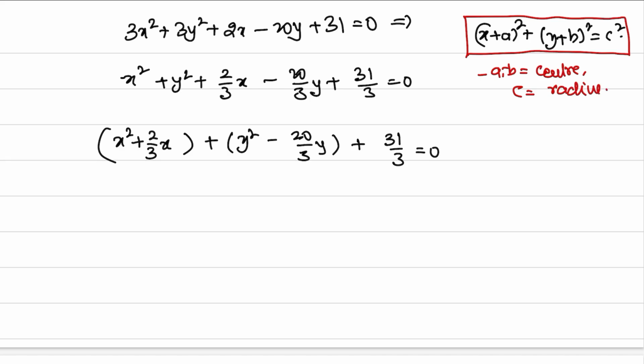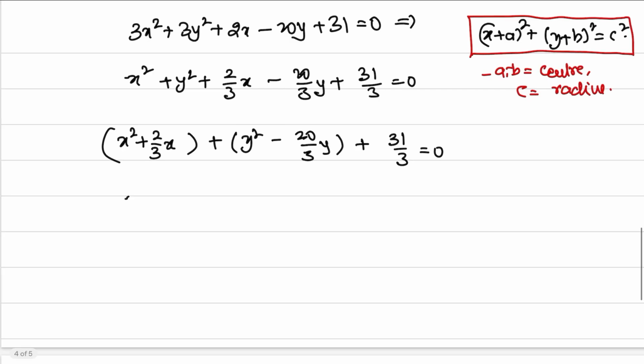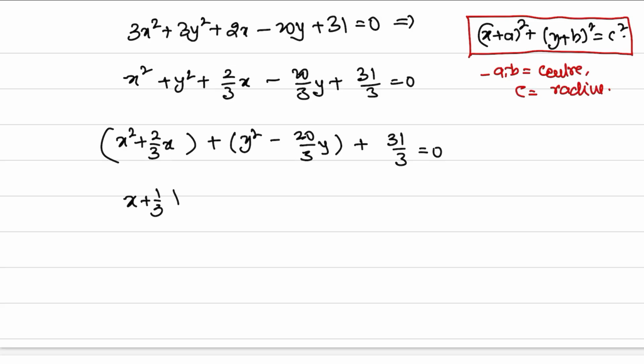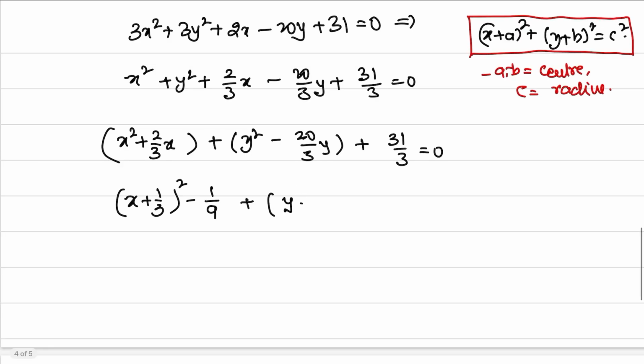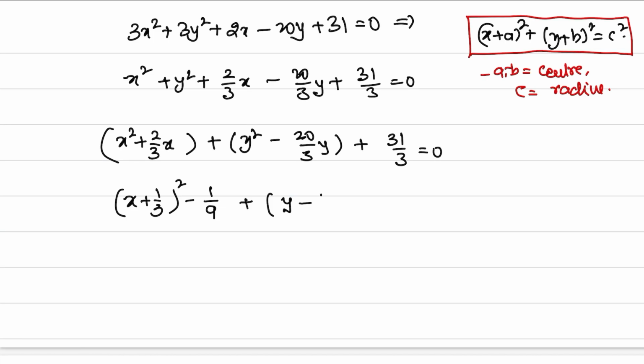Now, how is it going to be? x square plus 2 by 3 x, we can write as (x + 1 by 3) whole square minus 1 by 9. 1 by 3 square, we are adding and subtracting. Similarly, y square becomes (y minus 10 by 3) whole square.